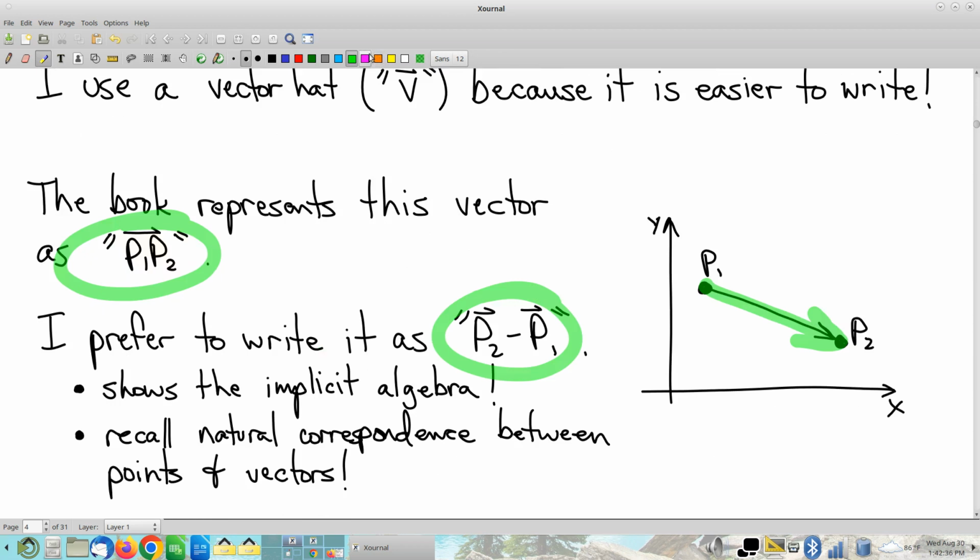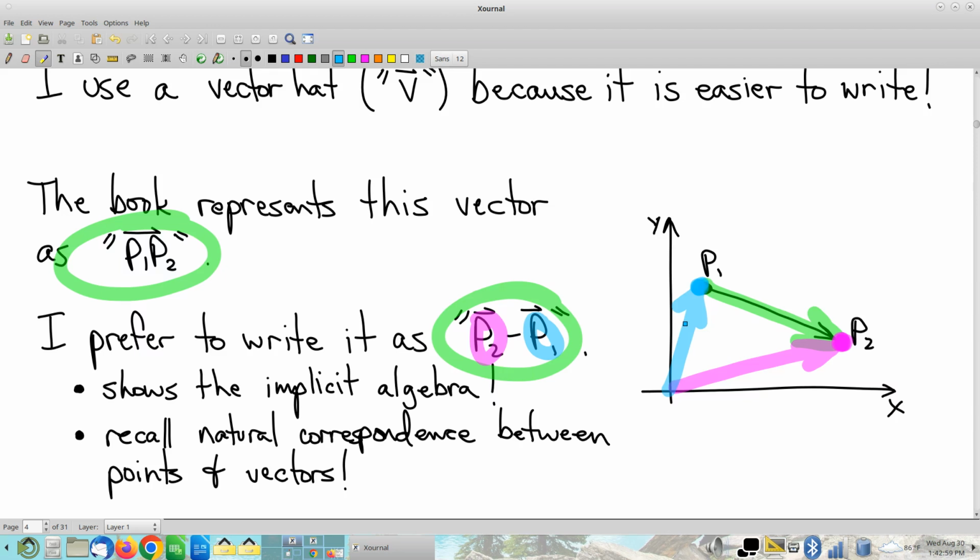After all, don't forget, P2 being a point is also a vector, and P1 being a point can also be thought of as a vector. And so this green vector arrow is literally P2 minus P1. So now take your pick.